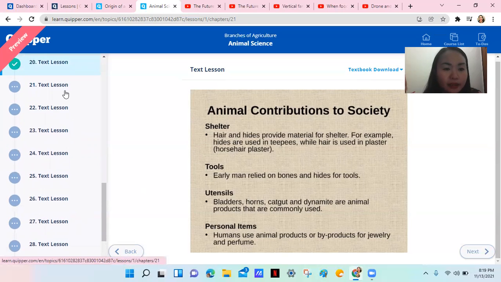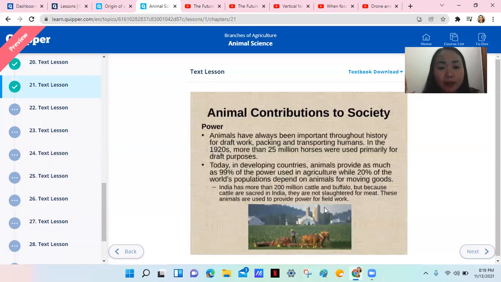Okay, and we have power as a contribution to society. Animals have been very important throughout history for draft work, and packing and transporting. In the 1920s, more than 25 million horses were used primarily for draft purposes.